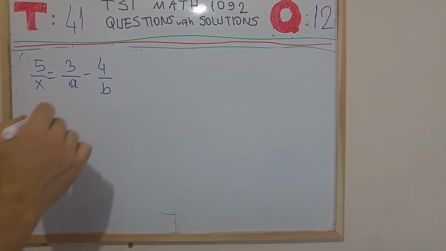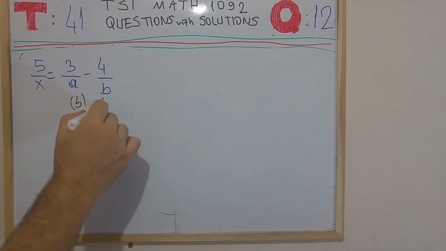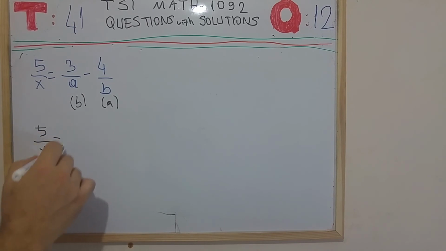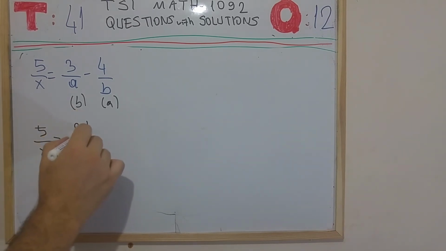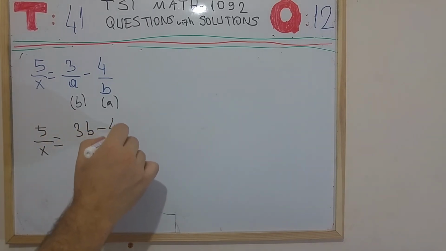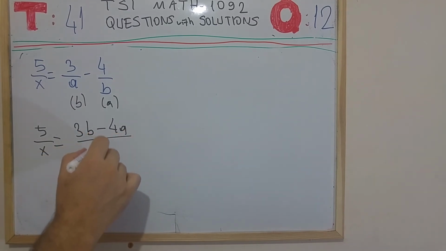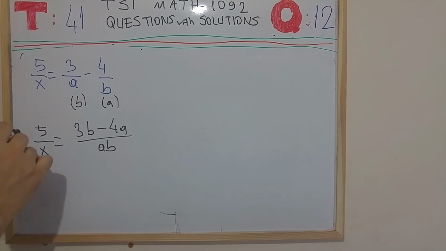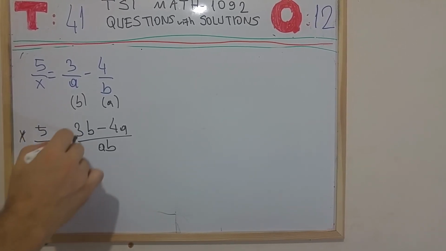Once again, we expand a by b and b by a. So what we have is 5 over x equal to 3b minus 4a over ab. Now let's multiply each side by x, so we get rid of the x here.